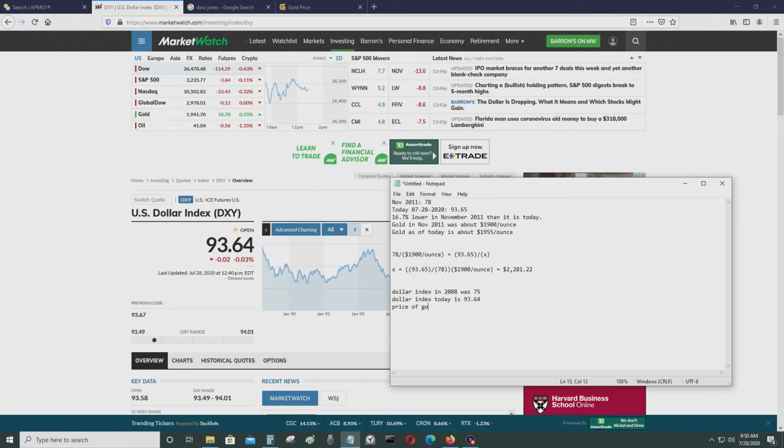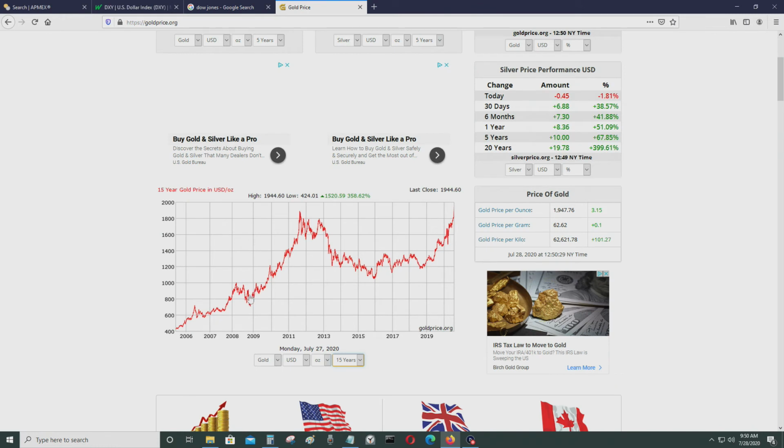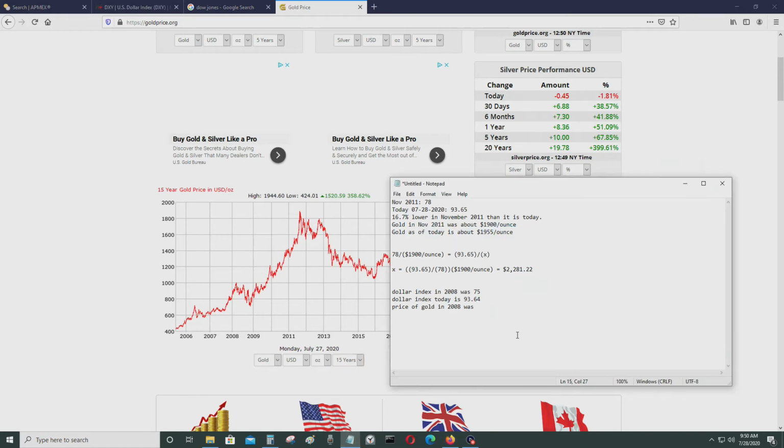Price of gold in 2008 was about $800 an ounce. That was also the highest point gold has been in this chart. Actually, it was about $850 in 1980, so it's not the highest, but $800 was the highest it's been in a long time. That's what I could say.